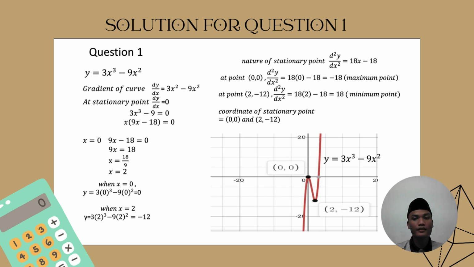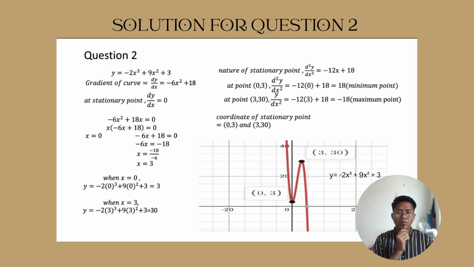Remember guys. Okay, hi. Today I want to find the solution for question 2. The question is y equal to negative 2x cubed plus 9x squared plus 3. Okay, first you must find the gradient of the curve.